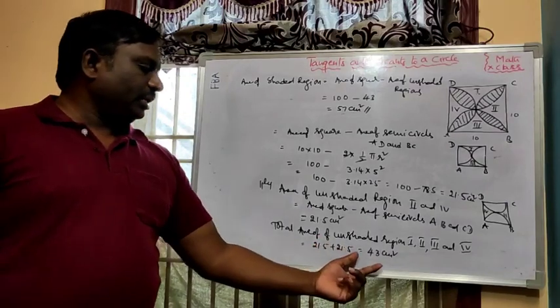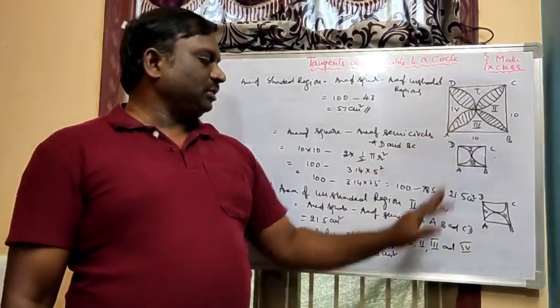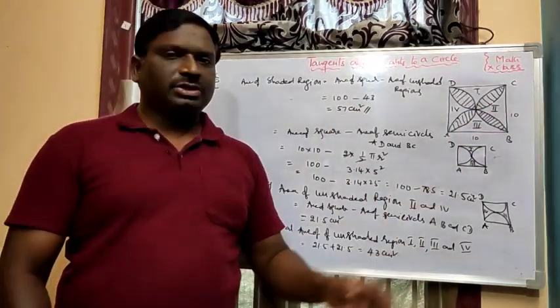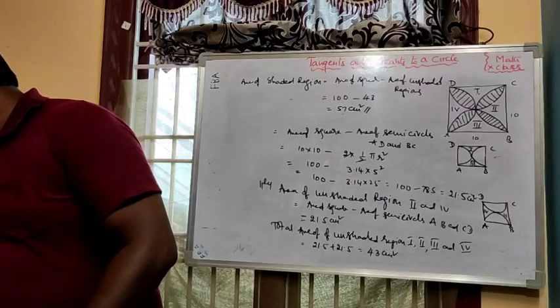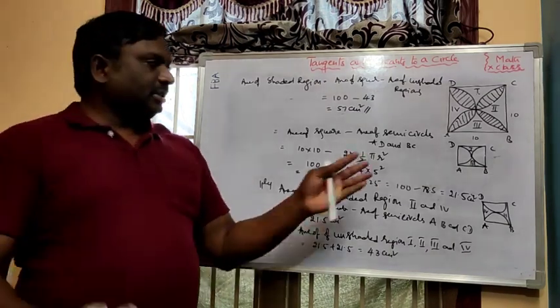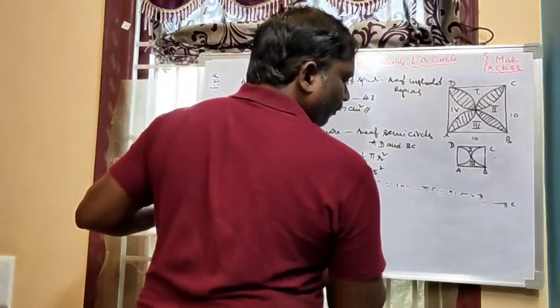Then the total area of unshaded regions is 43. Total square minus unshaded regions is 100 minus 43, which is 57. Orally also we can explain the question very easily. So that is the fourth question from your textbook, and the fifth question is the same as the fourth question, so I'm not explaining that fifth question.